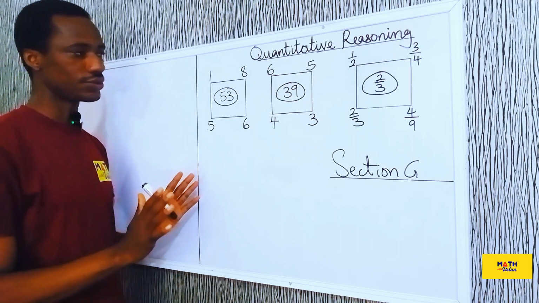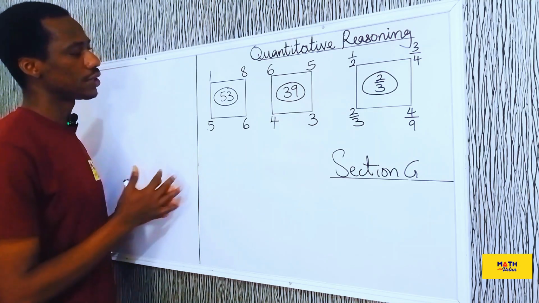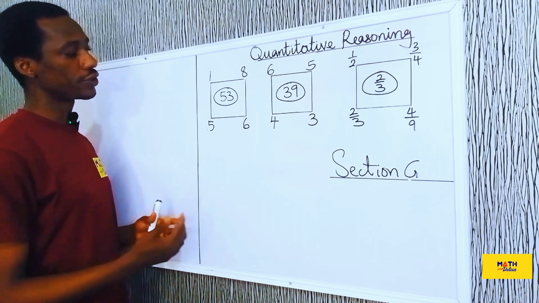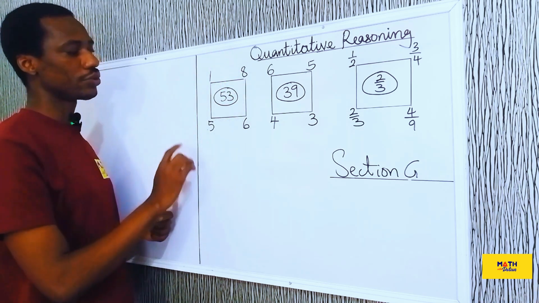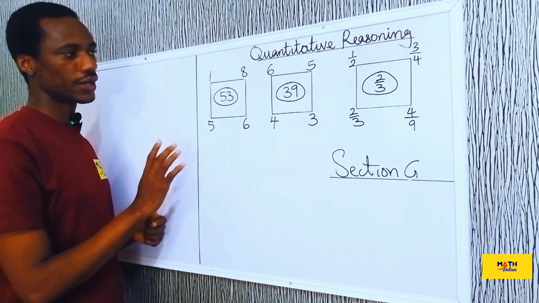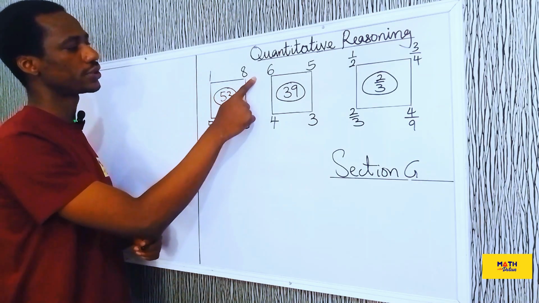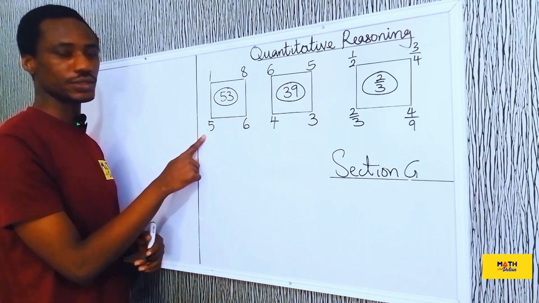So that's settled. Now, what can we do with this? When you have 4 numbers like this, you should know you're going to pair them. First, check: 1 plus 8 is 9, 9 plus 6 is 15, 15 plus 5 is 20.